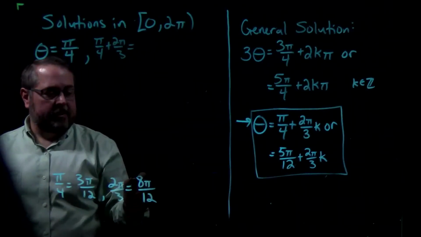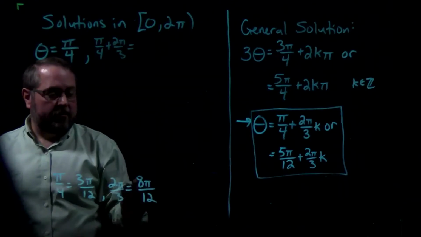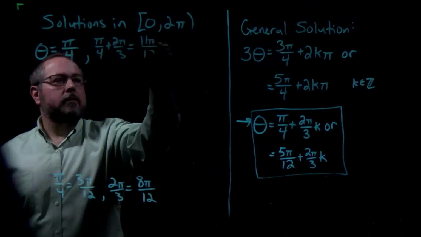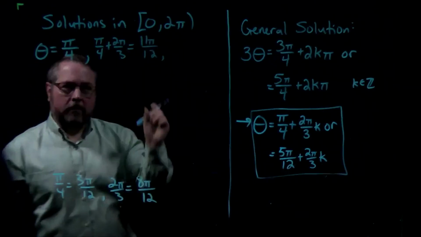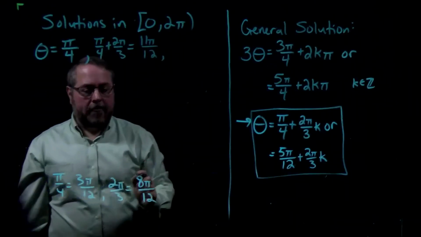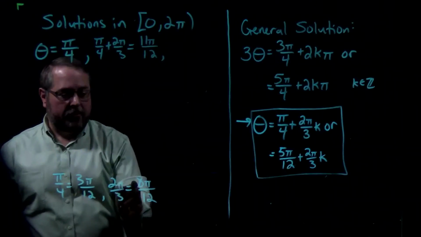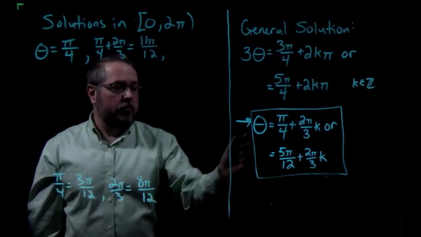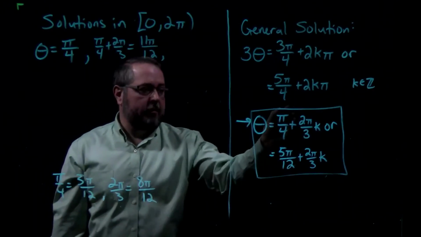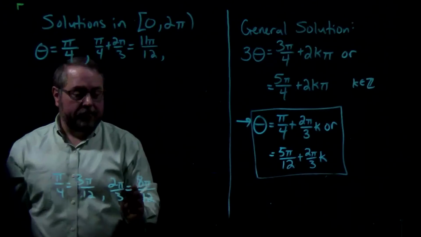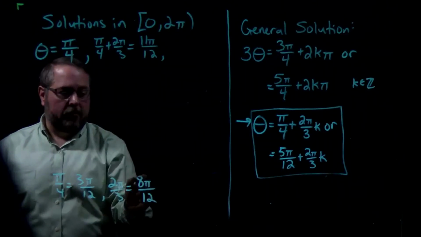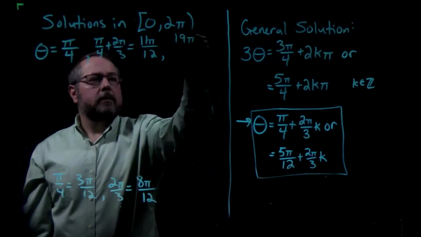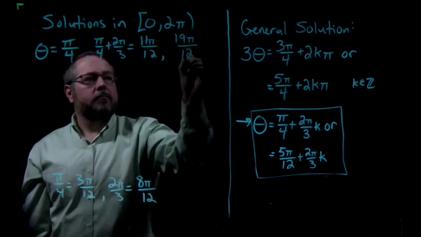Okay, which is 3 pi over 12 plus 8 pi over 12 is 11 pi over 12. Okay, then if we add another 2 pi over 3, we're going to add another 8 pi over 12. This would be if k was 2, it would be pi over 4 plus 2 pi over 3 plus 2 pi over 3, or 11 pi over 12 plus 8 pi over 12. That's 19 pi over 12.